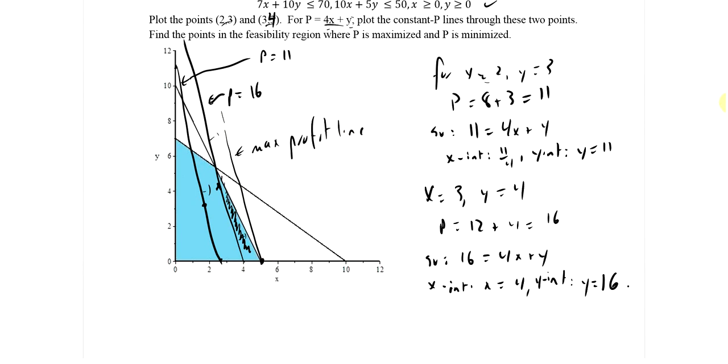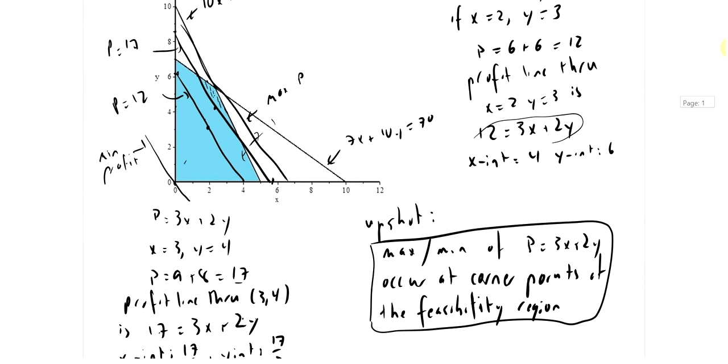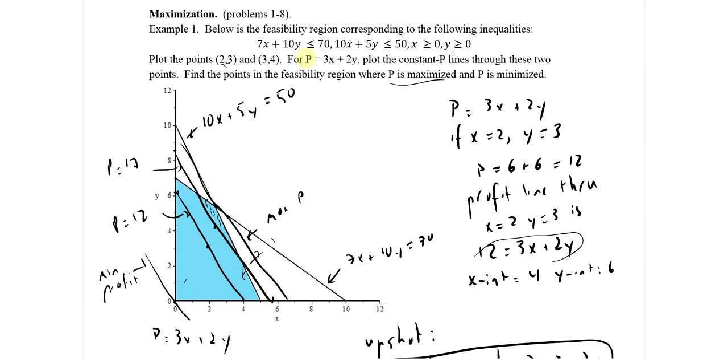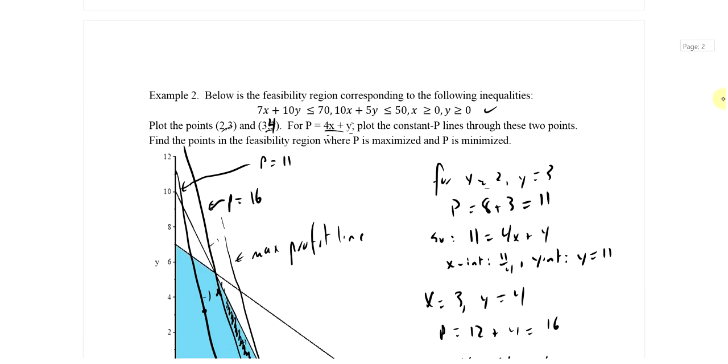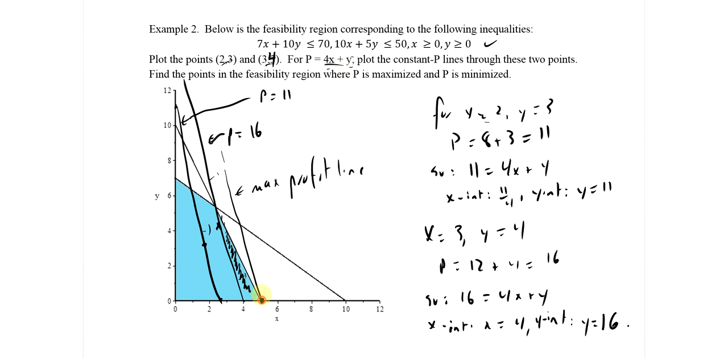So you can't tell just by looking at the feasibility region where the maximum is going to be. This particular profit function on this feasibility region had a maximum here. This slightly different profit function has a maximum there.